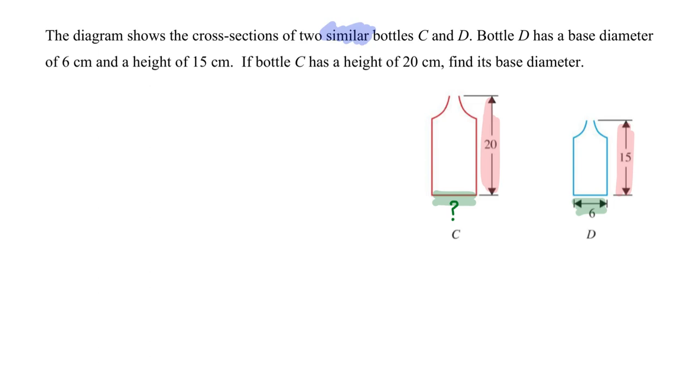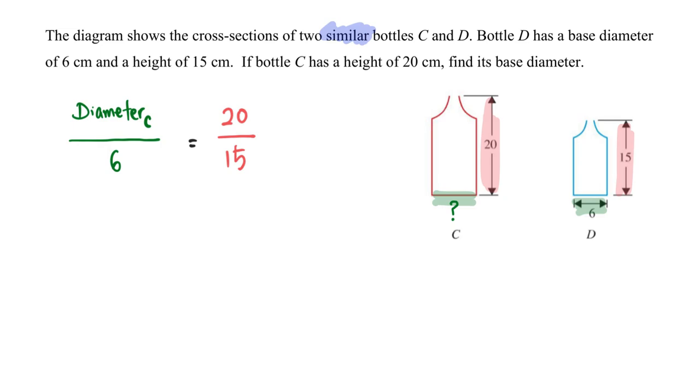So, diameter C over 6 is actually equal to, I start from C, right? So I must continue 20 over 15. The proportion is the same.